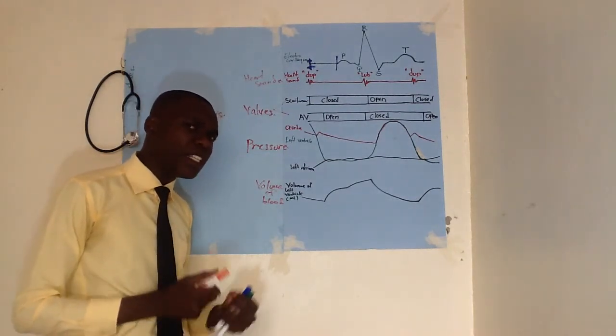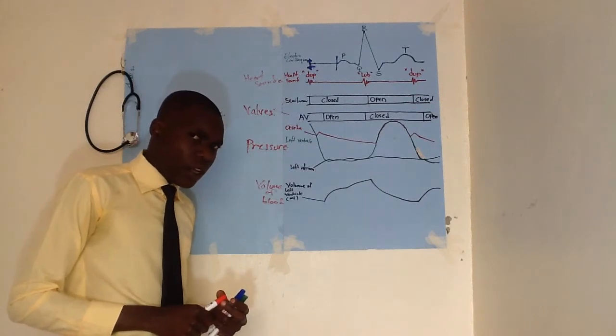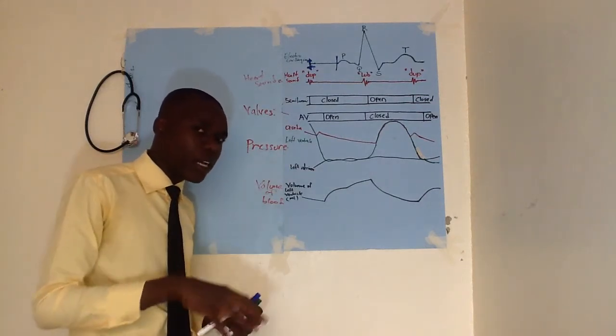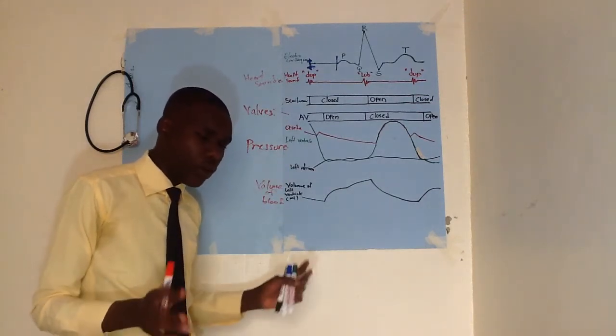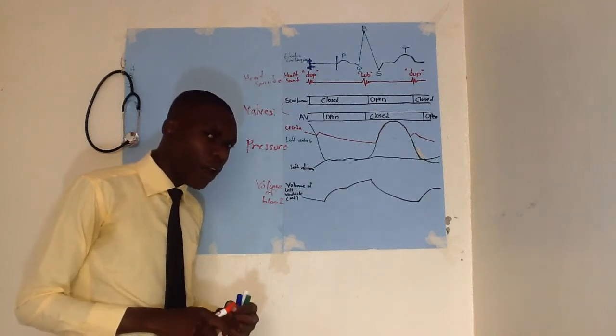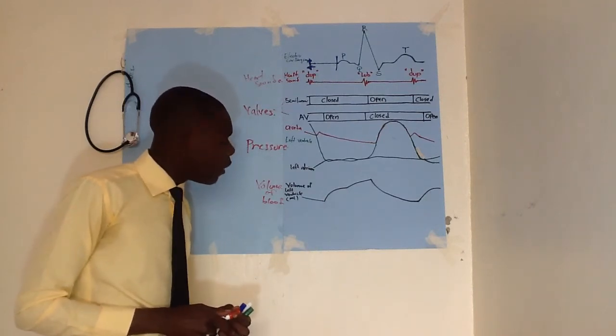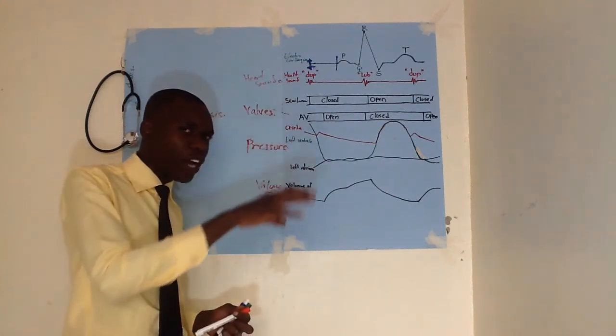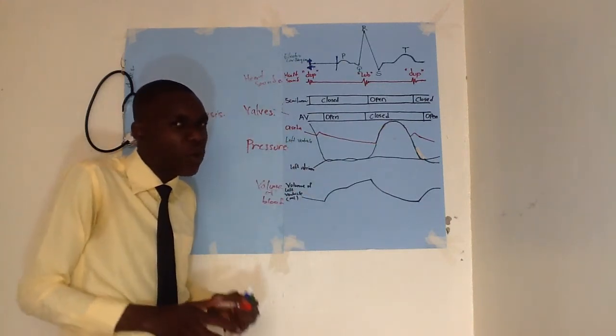It is extremely slow. Very small volumes of blood are moving into the ventricles. It is free fall, but at a very slow rate. Blood is still moving from the atrium to the ventricle, but it is almost not moving.